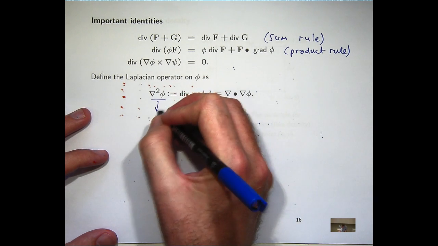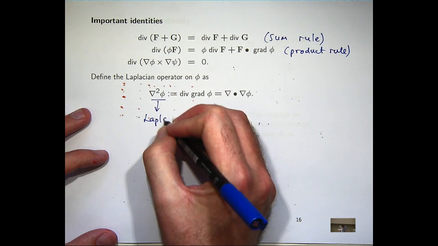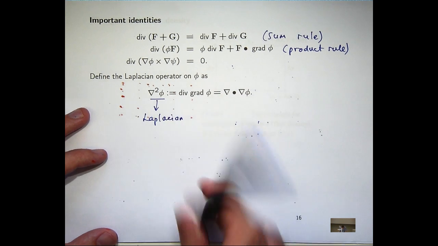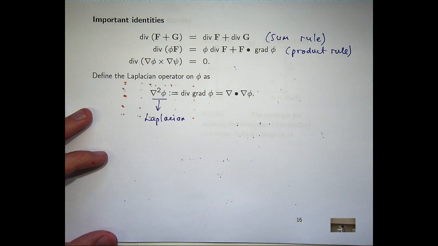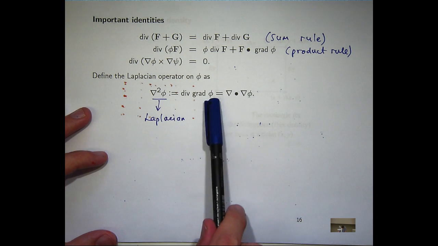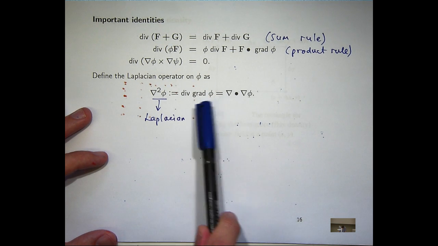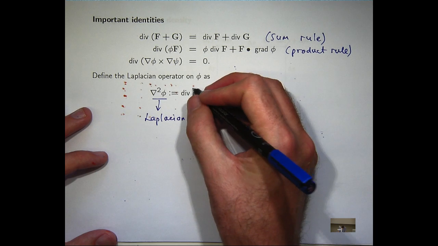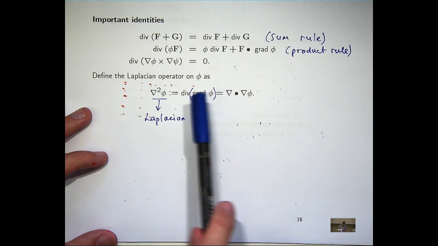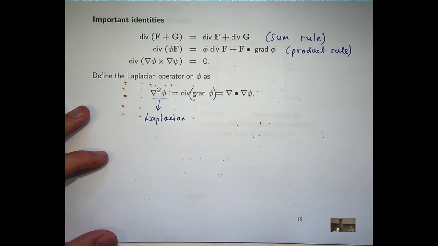And here's another reasonably useful identity. Now, you may have heard of the Laplacian. This is just a combination of the divergence and the gradient. You start with a scalar field, phi, some scalar valued function. You take the gradient of it to form some vector, and then you take the divergence of that gradient field.